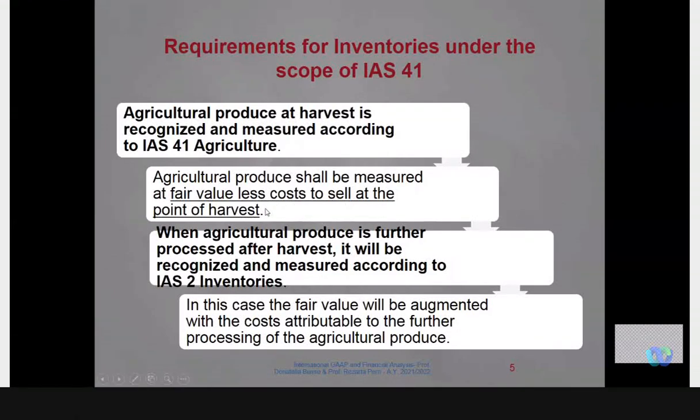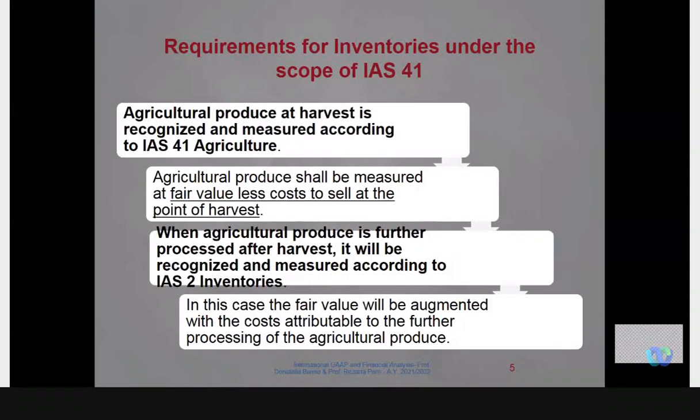Now, compared to the usual or normal inventory that we discussed yesterday, for the inventory, we mentioned that usually we use the cost, either cost of purchases in case of merchandise inventory, or the conversion cost for the manufacturing inventory, finished goods. But with agricultural produce, that is not easy to measure.